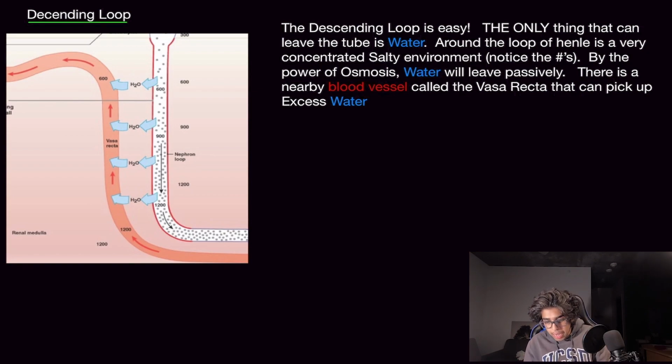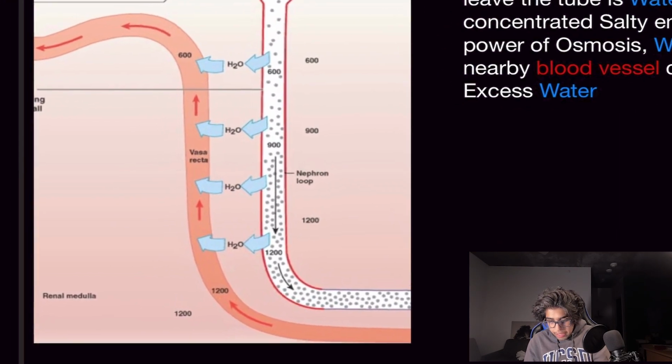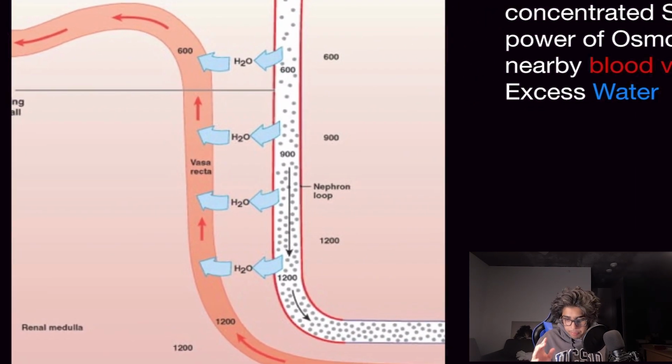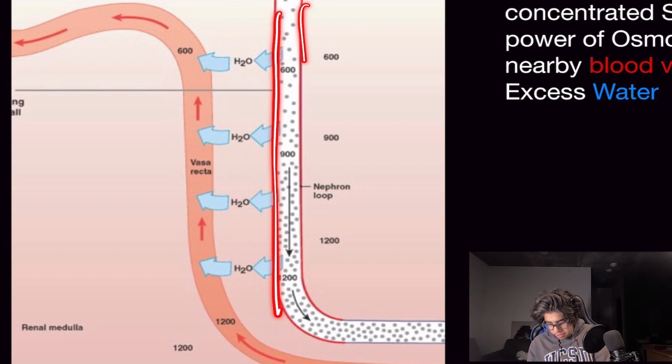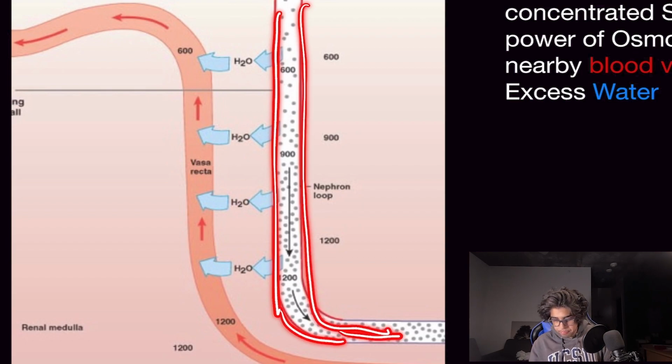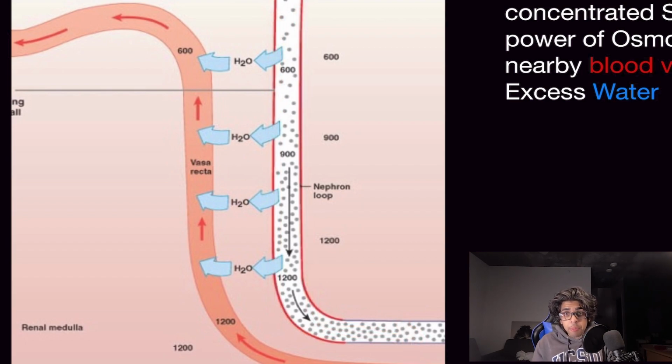I want to talk about the numbers in a second, but for right now, all you need to know is that we have the tubular fluid going down in this direction. Water is able to leave the tube, and the water can join the interstitial space.